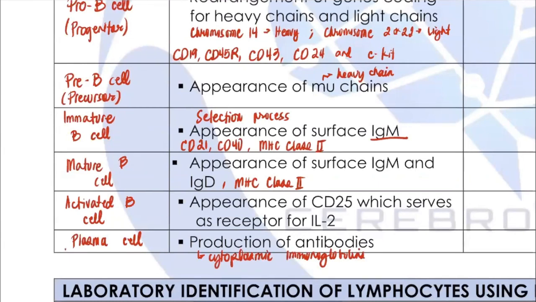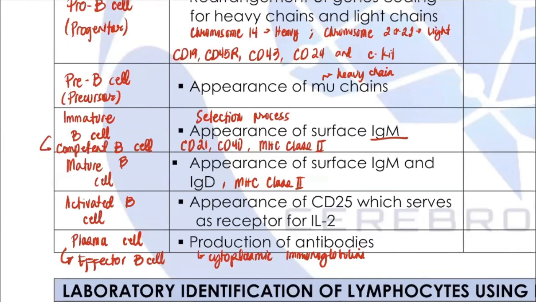Okay? So the other term for the plasma cell is effector B cell. Okay? The other term naman for immature B cell is competent, no? Competent B cell, no?